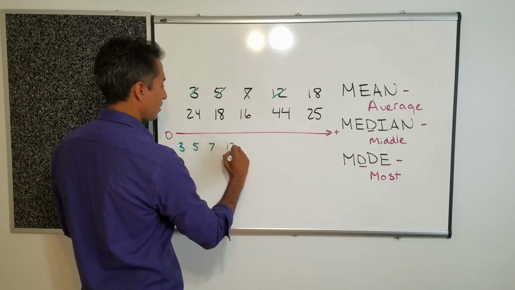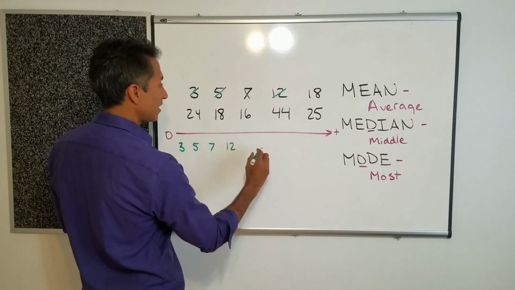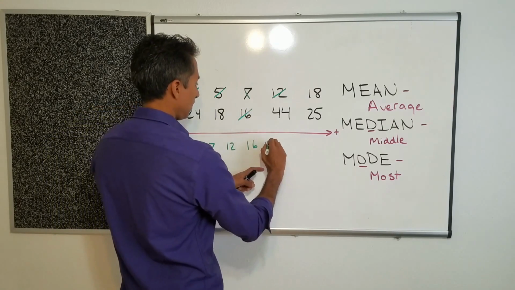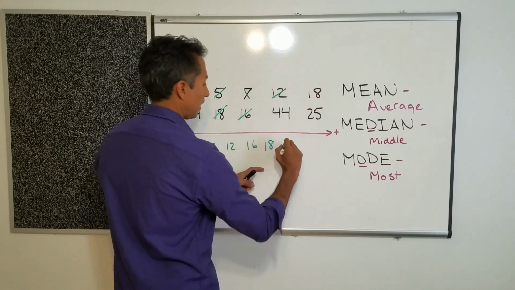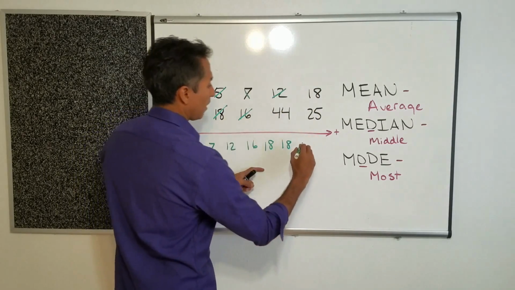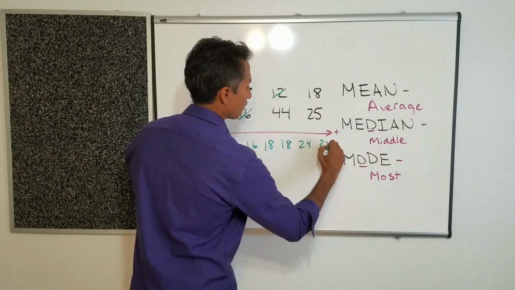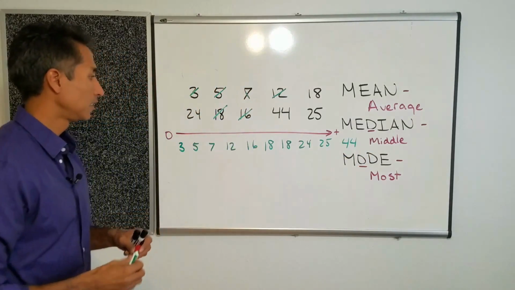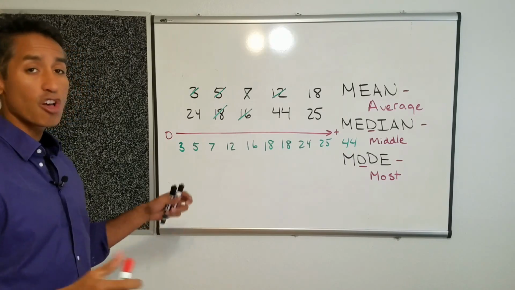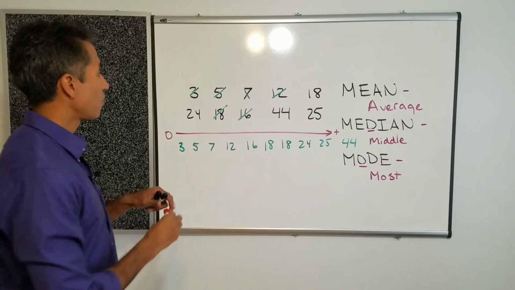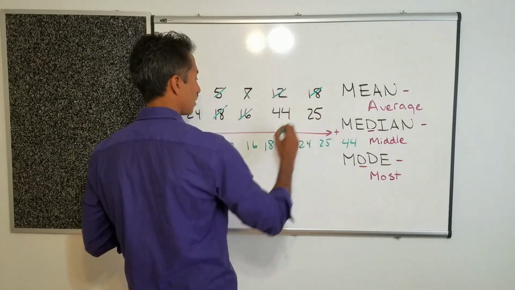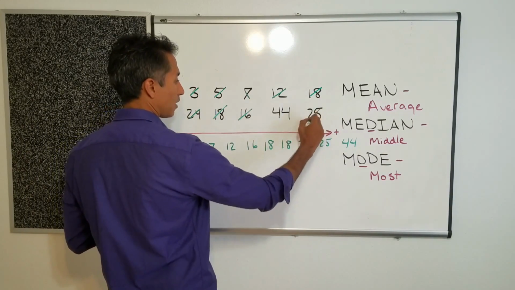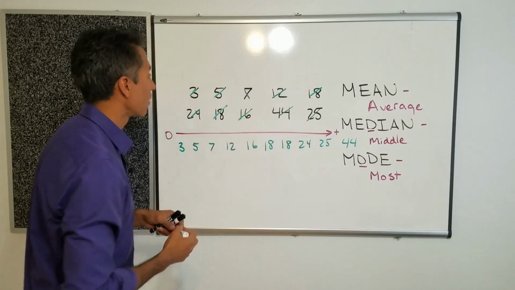Then I have a 16, and then I have an 18, and I have an 18, and then I have a 24, and a 25, and a 44. So I got all these numbers now. They're in order. Oops, I didn't cross them out, so let me just make sure. 18, 18, 24, 25, and 44.